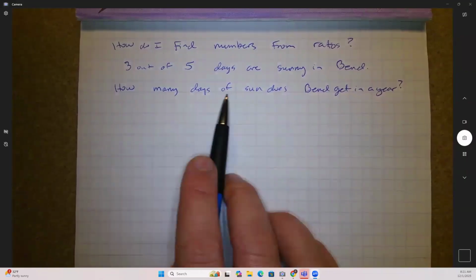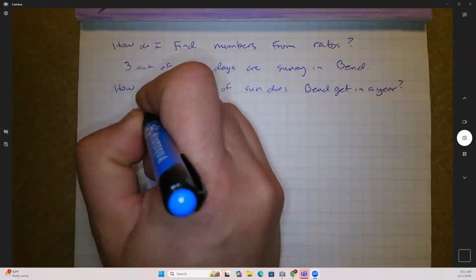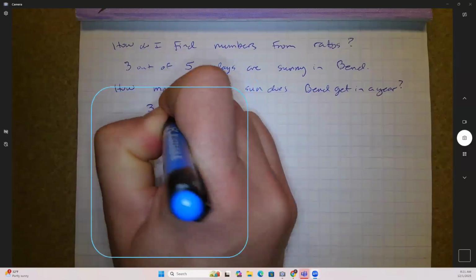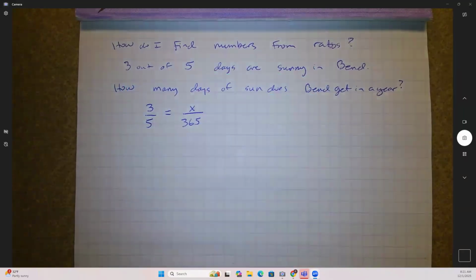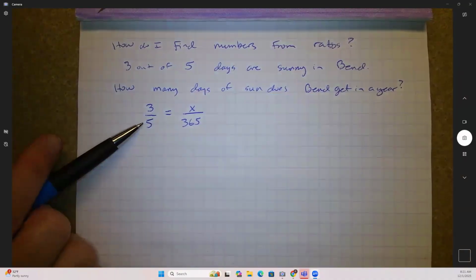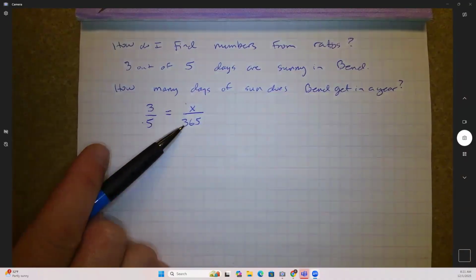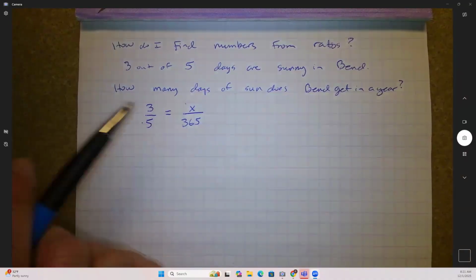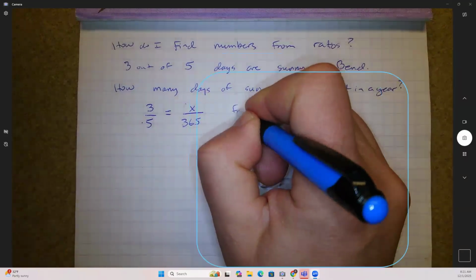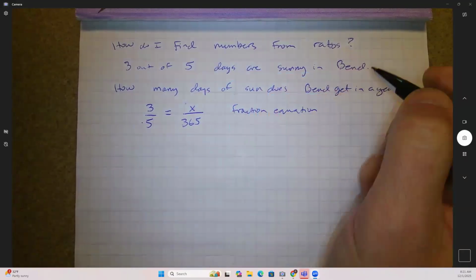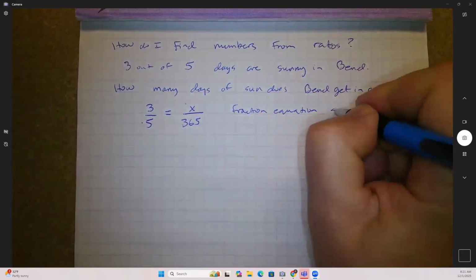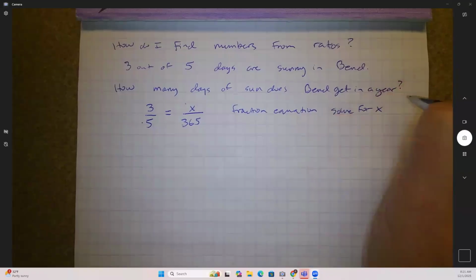So if I want to know how many days of sun Bend gets in a year, I know the ratio 3 out of 5 should be the same ratio as if I have 365 days. 3 out of 5 days equates to how many out of 365? And now I have a fraction equation, which I solve for x.